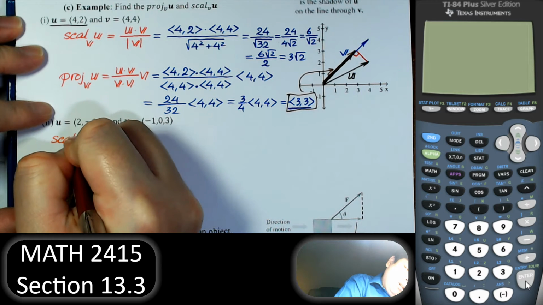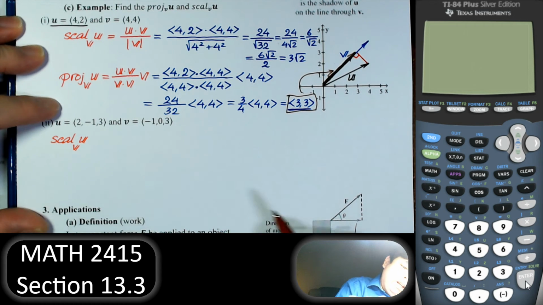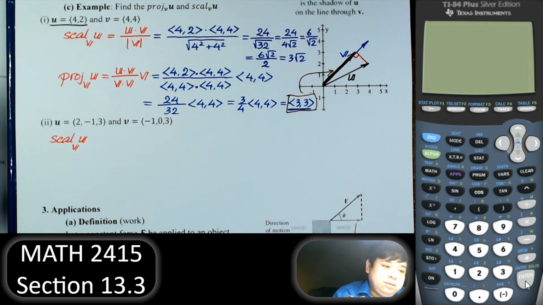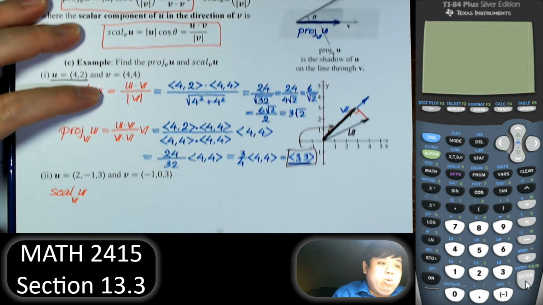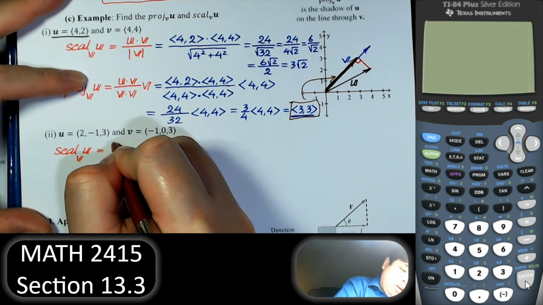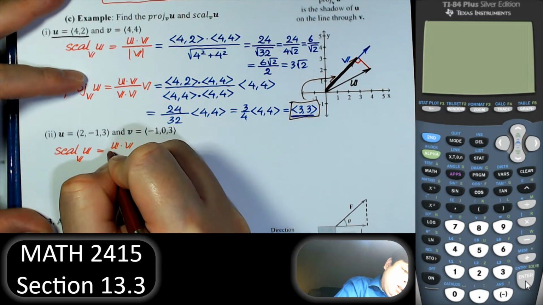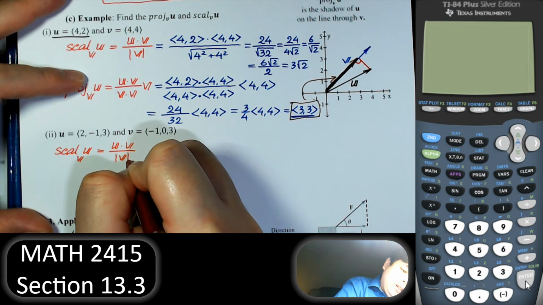Scalar component of u onto v is equal to the dot product over the magnitude of v.